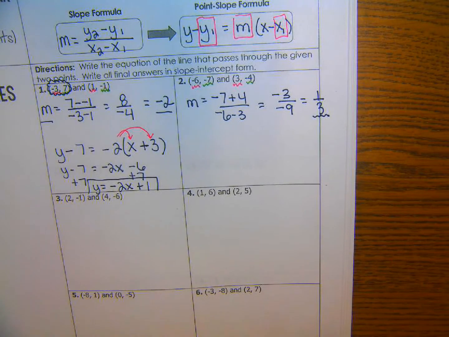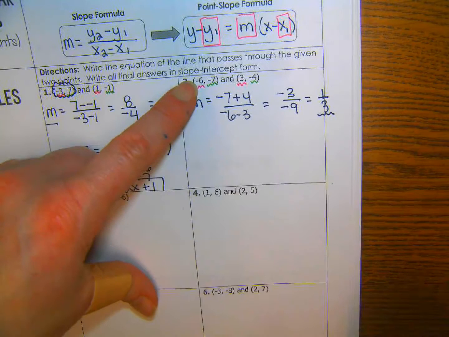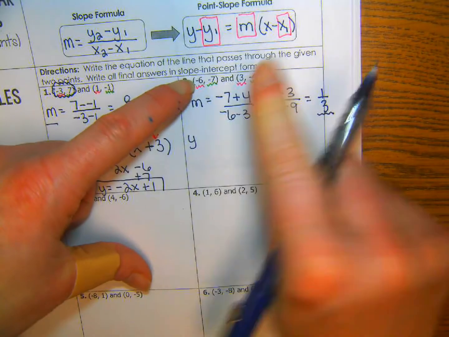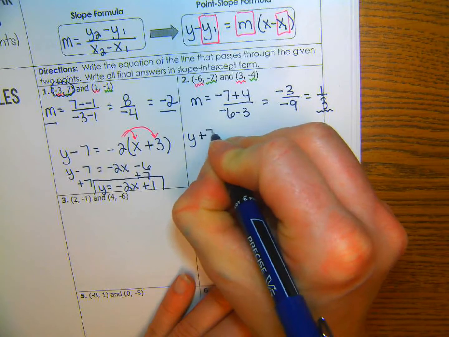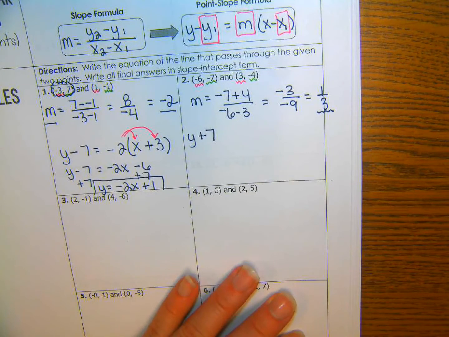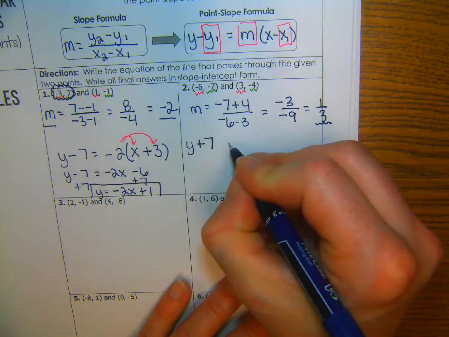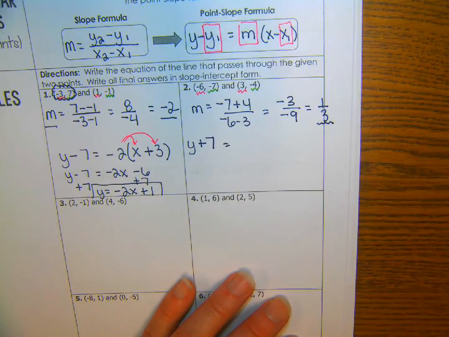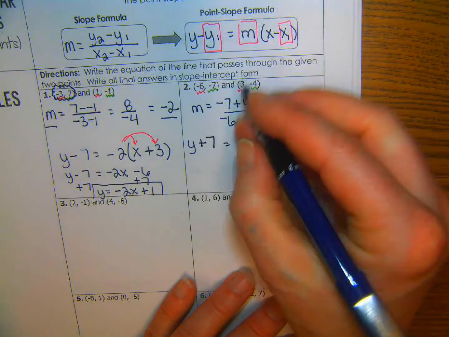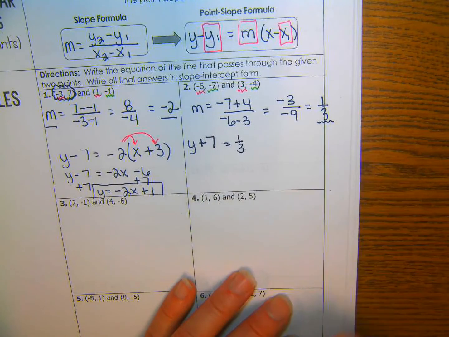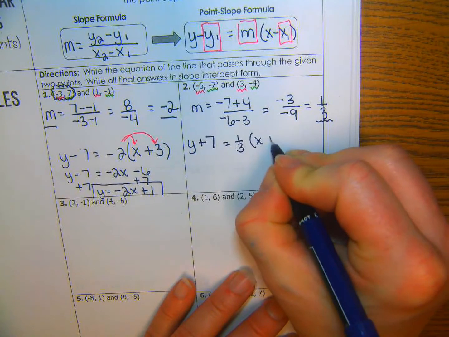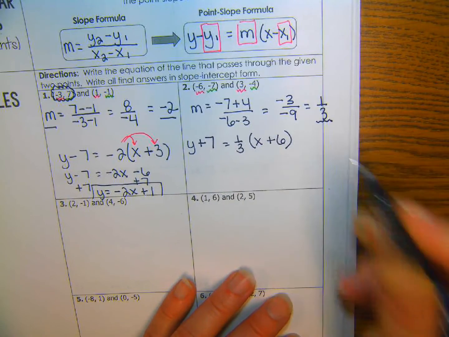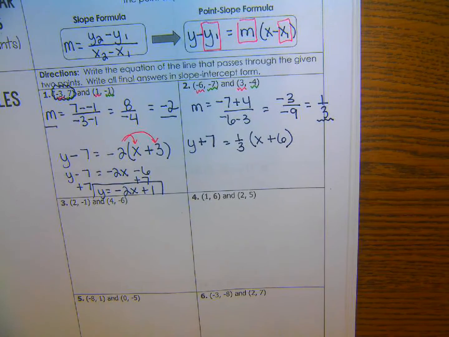Okay, so I'm going to pick the first point again. I do y minus the y, so that's going to be y minus a -7, or y plus 7, equals m, so 1/3, x minus a -6, or x plus 6. We're not freaking out about fractions.